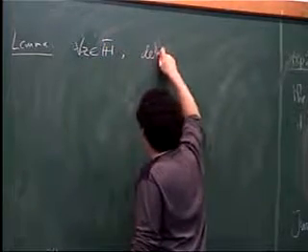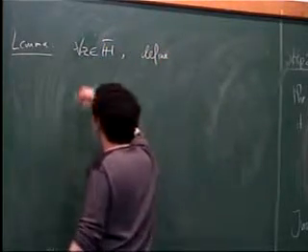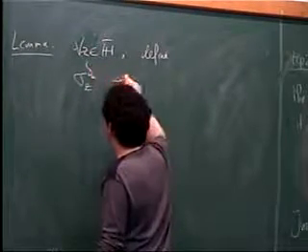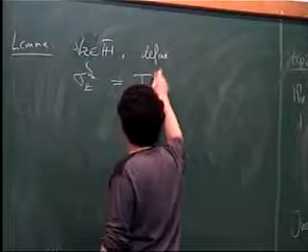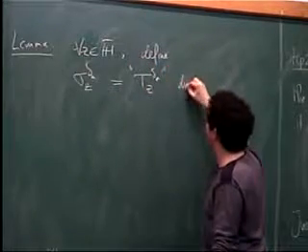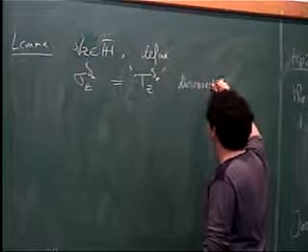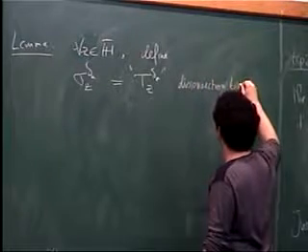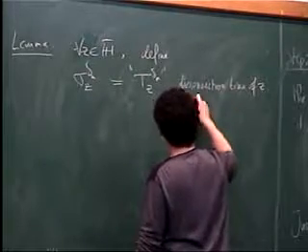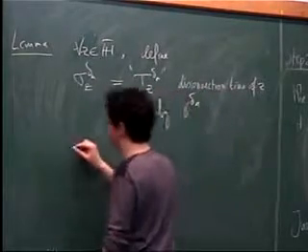This is just sigma delta n, which is just t of z delta n, if you want. This is the disconnection time of z by gamma delta n.